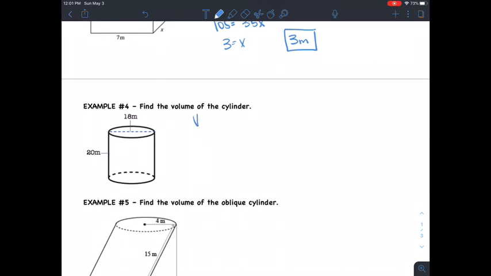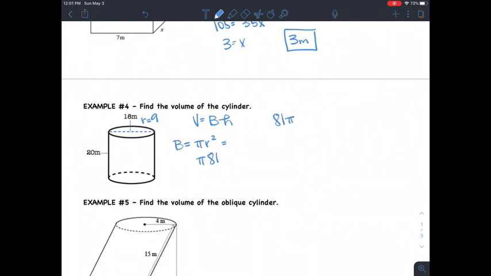So find the volume of a cylinder. We're going to do the same thing. Volume is area of the base times the height between the bases, and in this case, our base is a circle. So we're going to use pi r squared. And our radius is half of that diameter, so it's 9. So pi times 81.